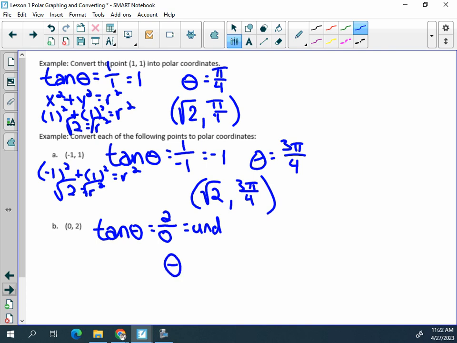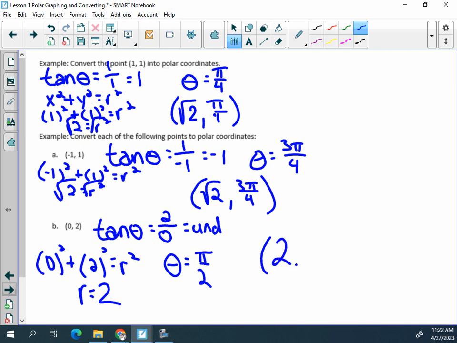So theta equals pi over 2. All right, then x squared plus y squared equals r squared. So we get 0 plus 4. Square root of 4 is 2. So our coordinate is 2, pi over 2. And that's graphing in the polar coordinate system and converting.